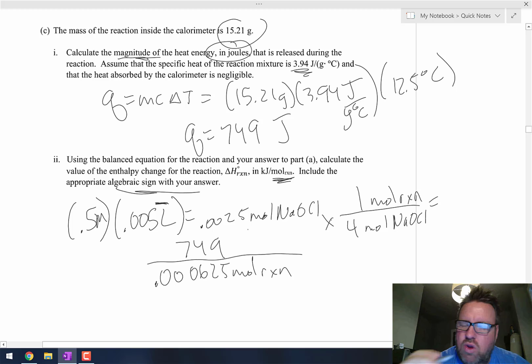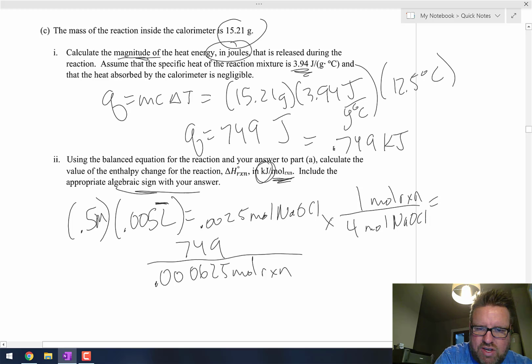If you want, that's a conversion you can do in your head really quickly. 749 joules is 0.749 kilojoules. Just to make it easier, because they do want it in kilojoules, anytime you go from meters to kilometers, or joules to kilojoules, or liters to kiloliters, you just move that decimal point 3 spaces to the left.